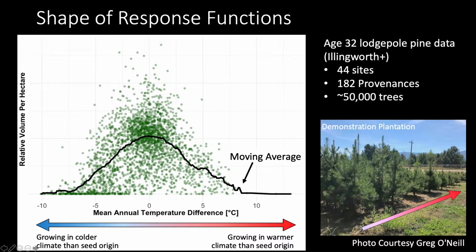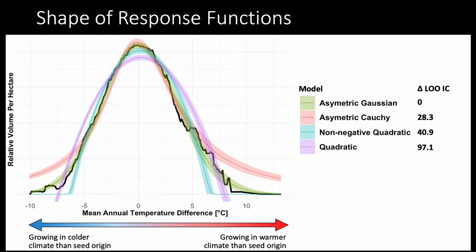So we can add one metric on top of this, or a summary on top of this. This is just the moving average response of the data, averaged to values within half a degree Celsius. And we'll use this black line, the overall moving average shape of the data, to compare against different shape transfer functions.